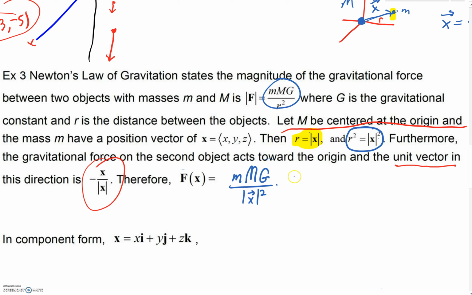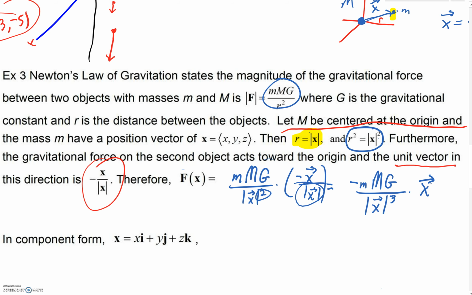But remember, it's in this direction of negative vector x all over its length. This is our unit vector. So what do we get here as we work this out? It's negative m, capital M, G, all over the length of vector x. Well, you can see if this is squared and if this is one more, you're going to have that cubed. And then we're going to say times vector x.